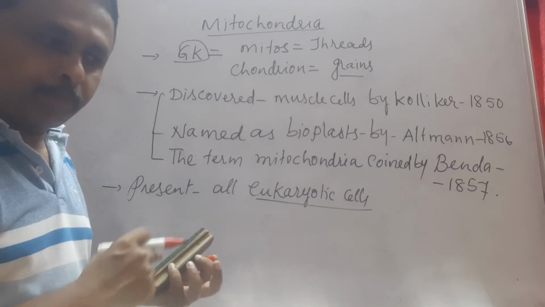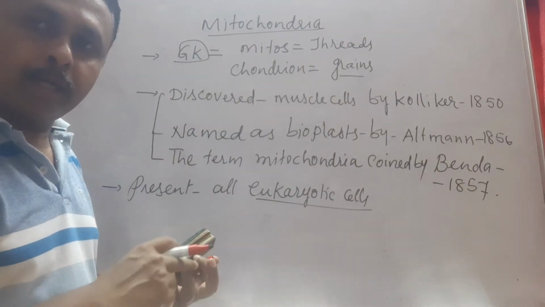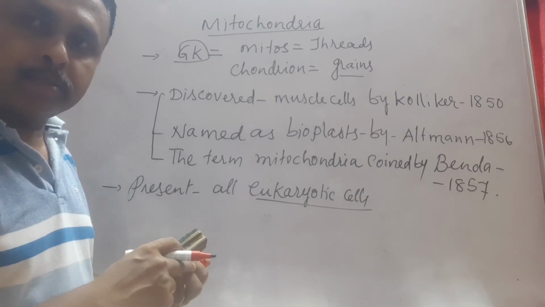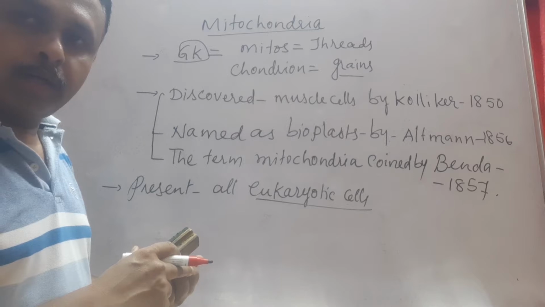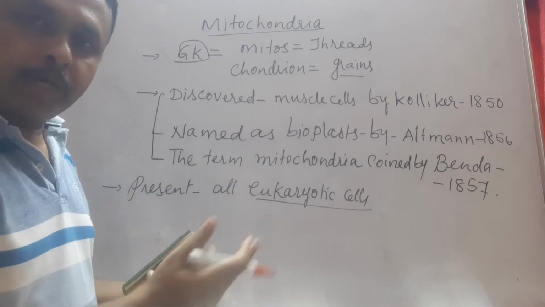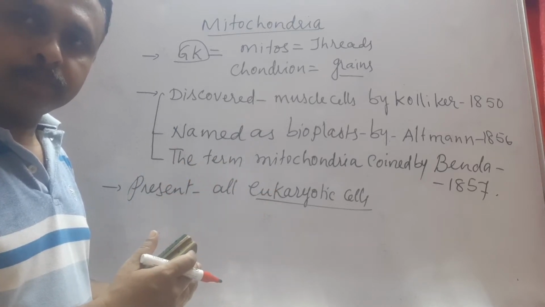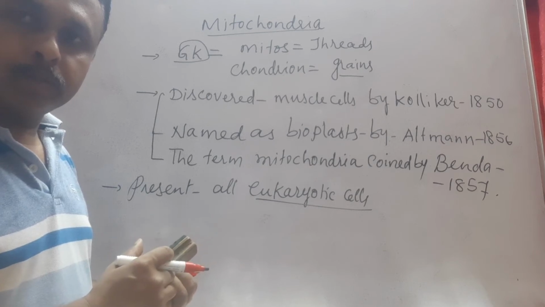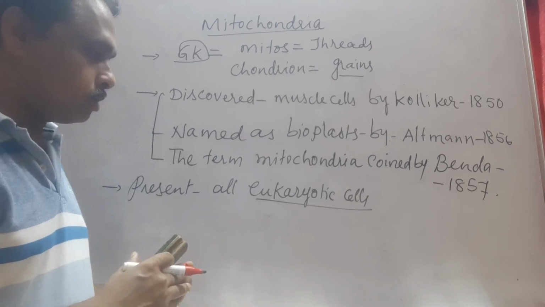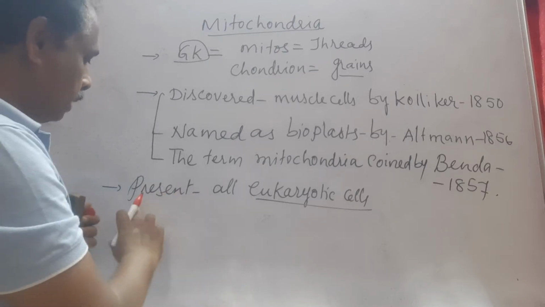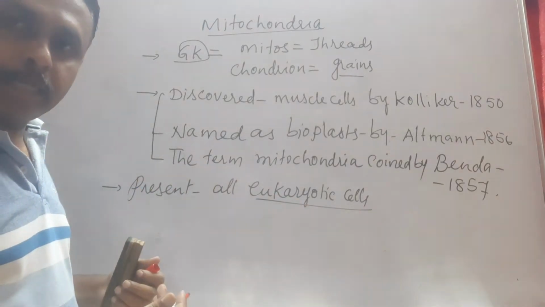In the plant kingdom: algae, bryophytes, pteridophytes, gymnosperms, angiosperms. In animals, all animals, even protozoans. That means it is present in all eukaryotic cells.